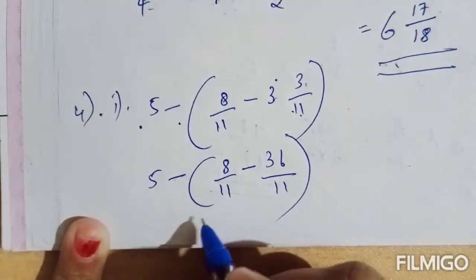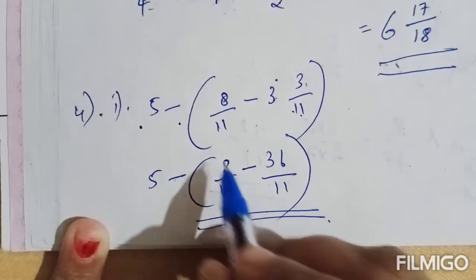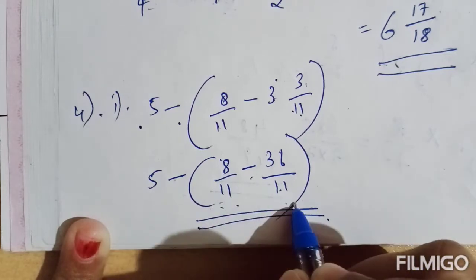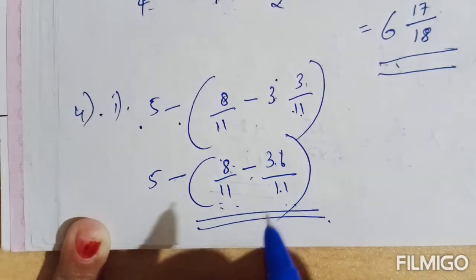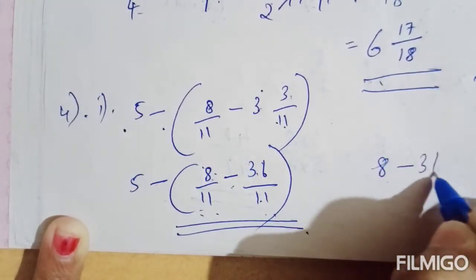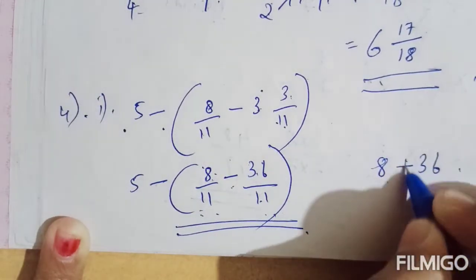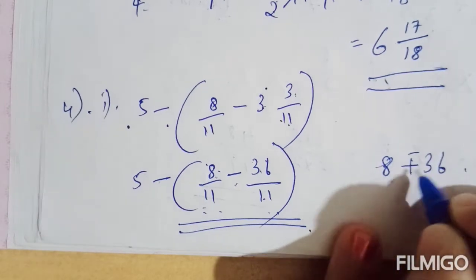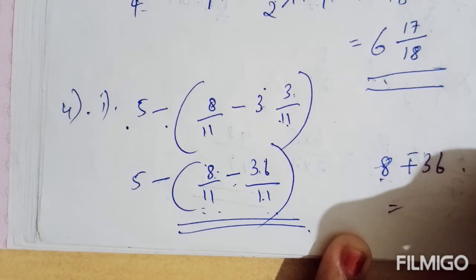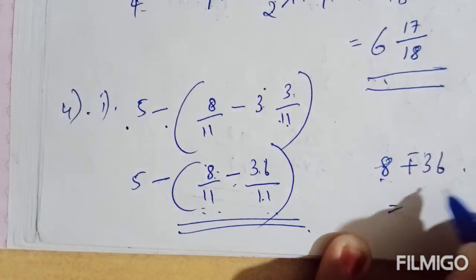So solving first this bracket, 8 by 11 minus 36 by 11. Denominators are same, so you can subtract the numerator. 8 minus 36. It will be 8 plus minus 36. So on subtracting 36 minus 8, it is 28.